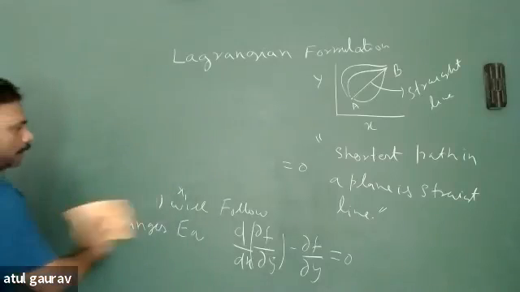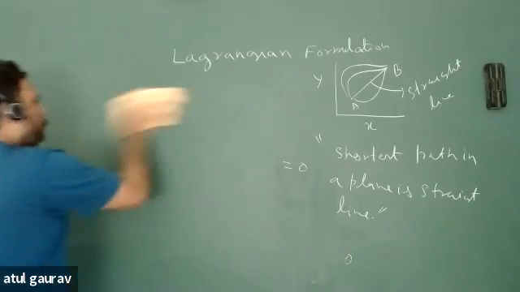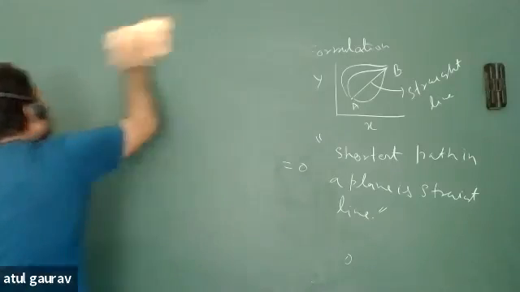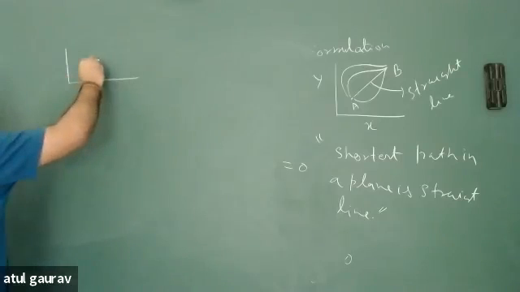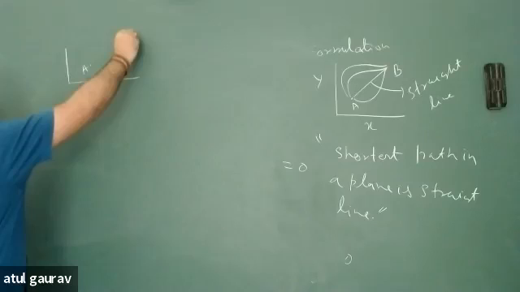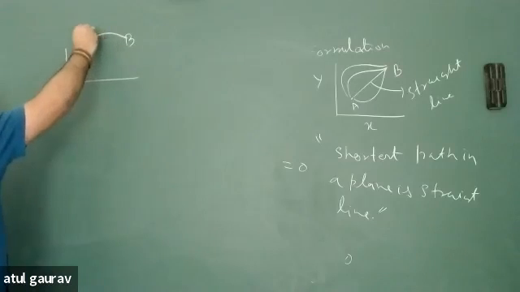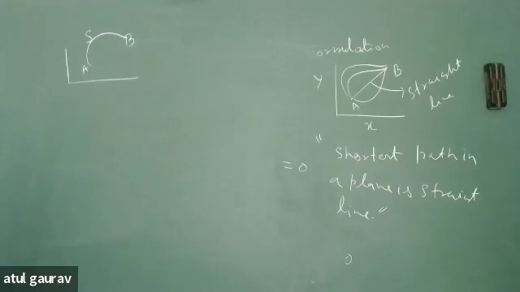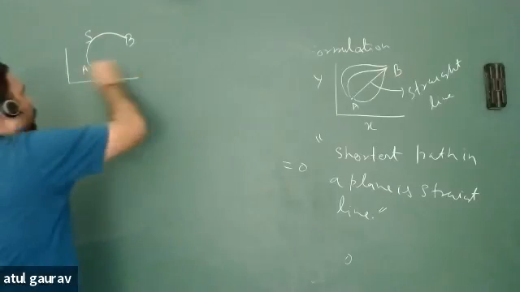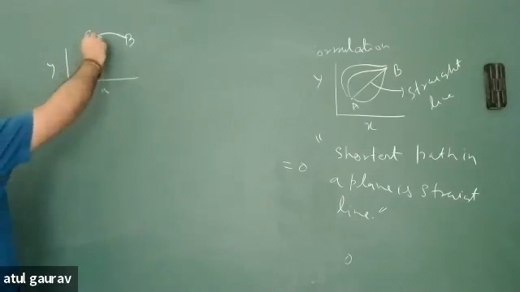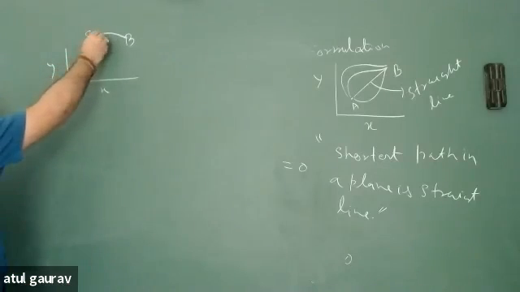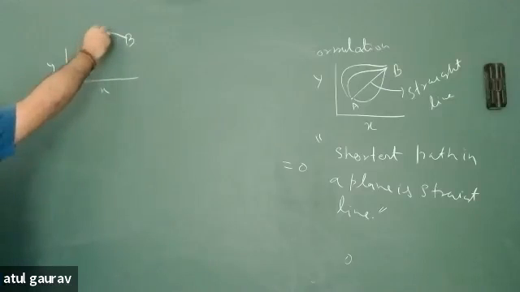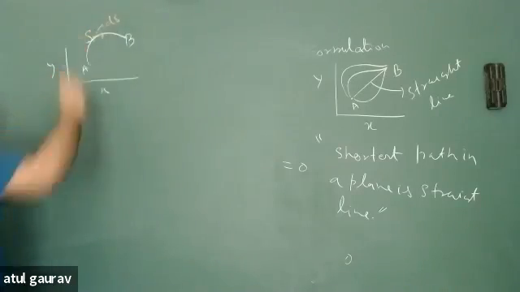what will be S? S is any path. Suppose this is point A and point B, and this is some path S. What I have to do is extremize this S. Suppose this is Y and this is X. I will take a very small element of this path, which is nothing but ds.